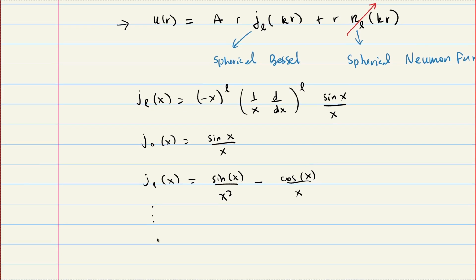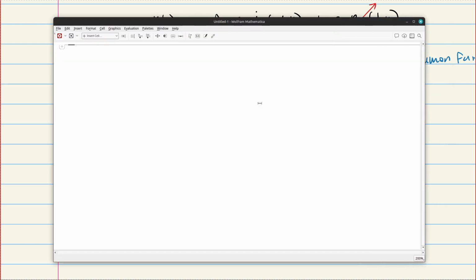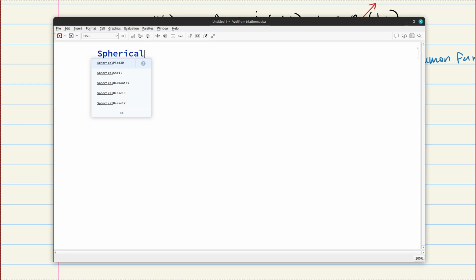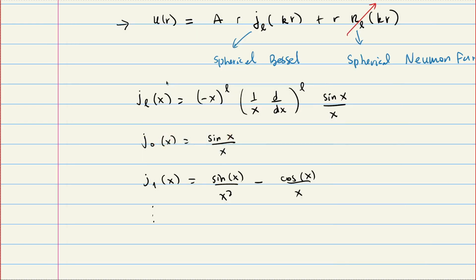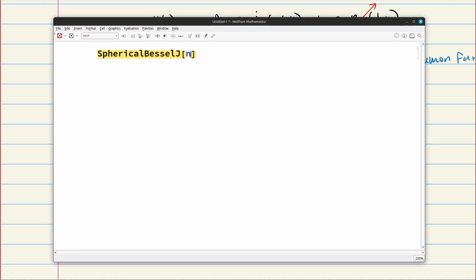Let's also see how Mathematica handles this. If you look at the documentation, you can find SphericalBesselJ, and it is asking for two things. One is which order, so there is L here. I'll use n, since it's harder to write curly L in Mathematica, and x. Let's try to plot a couple of these.